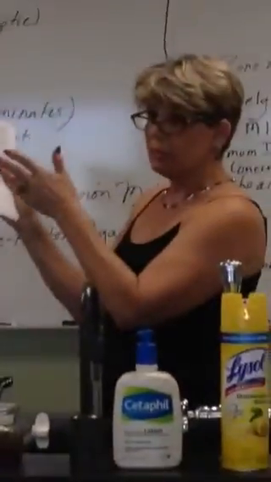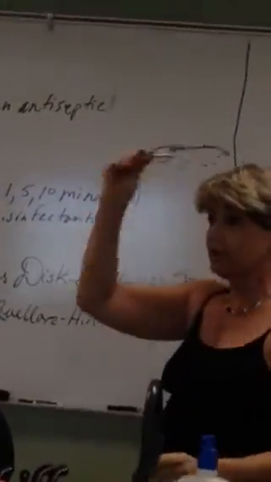For sensitive, the zone would have to be 14 millimeters or greater in order for us to consider the bacteria sensitive. So since my zone of inhibition is 15 and 14 is what's considered sensitive, my bacteria, E. coli, is sensitive to ampicillin.